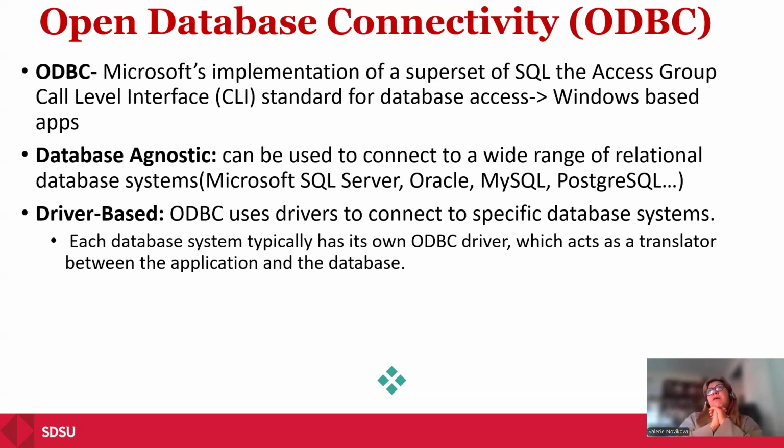But overall, I was thinking at some point, what is the easiest way to explain the actual database connectivity, and specifically ODBC? So think of it as a translator. It is a translator application that helps us read the input from the database and translate it to the user. So think of this example.